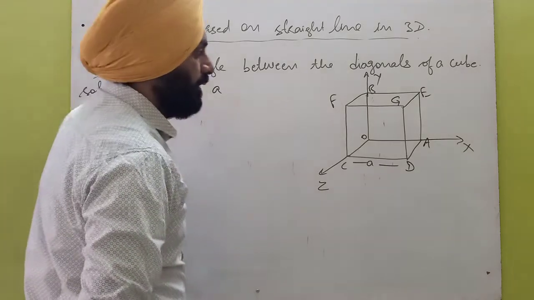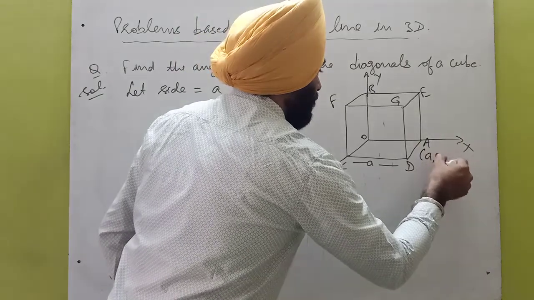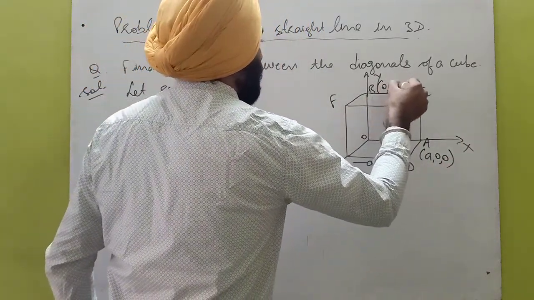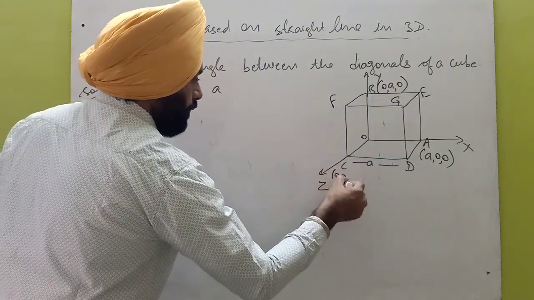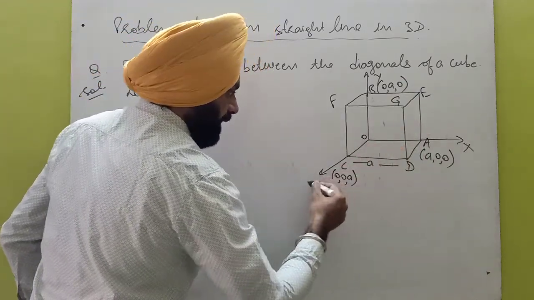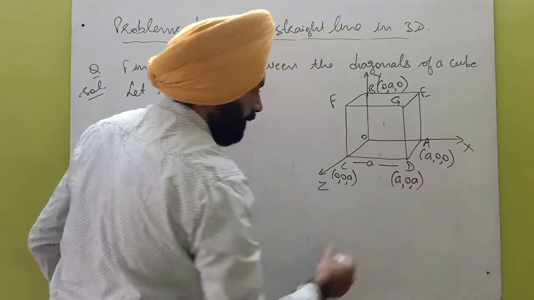Therefore the coordinates of the points are: A is on the x-axis, so its coordinates are a, 0, 0. Similarly B is on the y-axis, so coordinates are 0, a, 0. Similarly coordinates of C are 0, 0, a, it is on the z-axis. Now D is in the xz plane, so it will be a, 0, a.